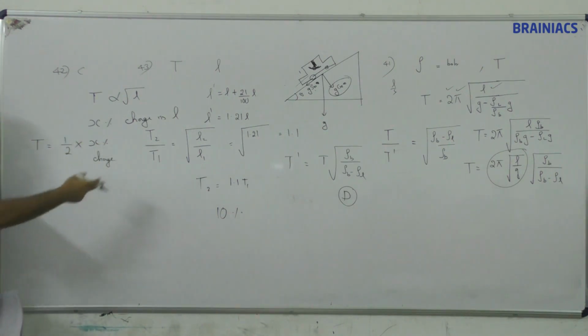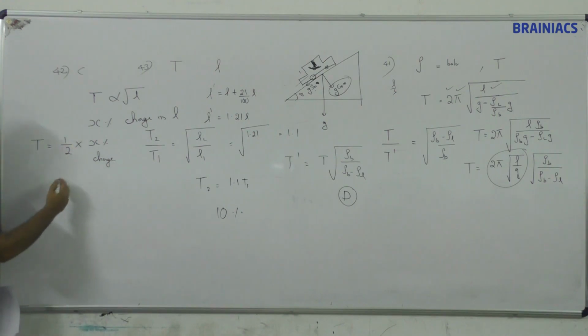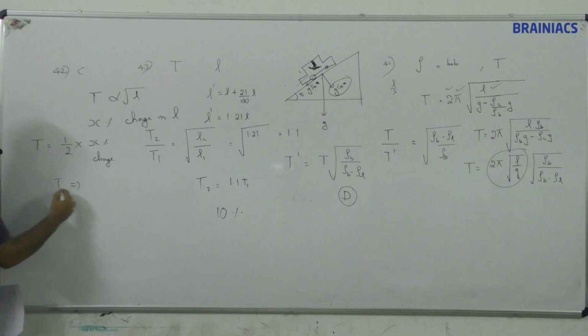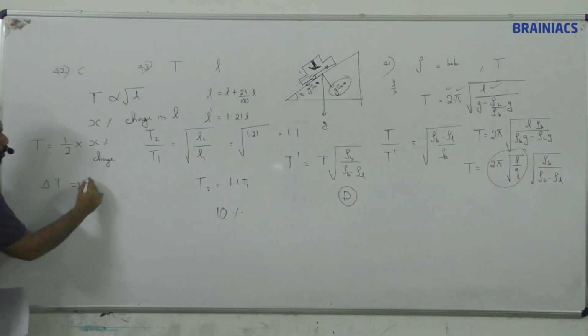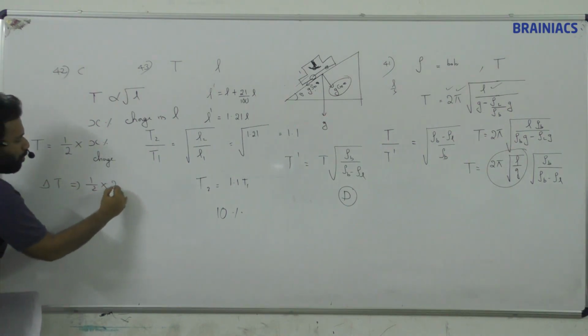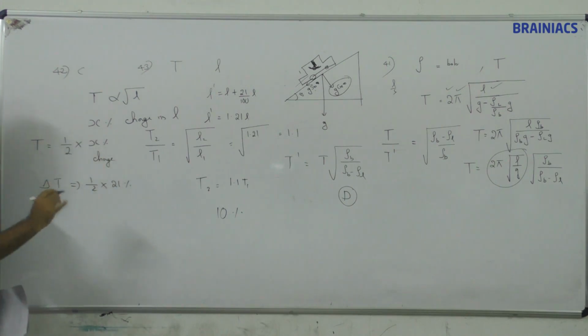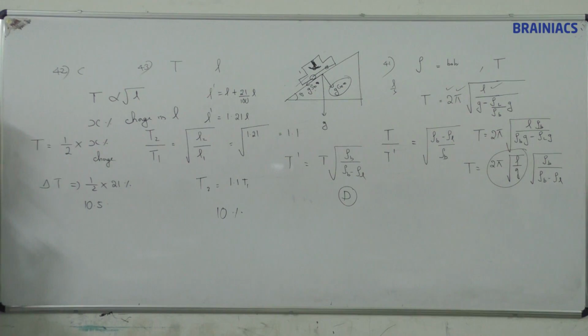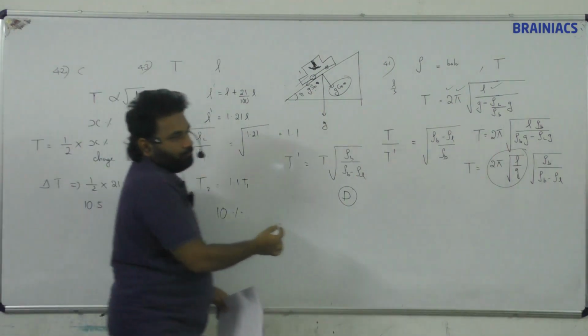Now in this case, the change in time period is 1/2 into 21%, we are getting 10.5. This is the accurate value.